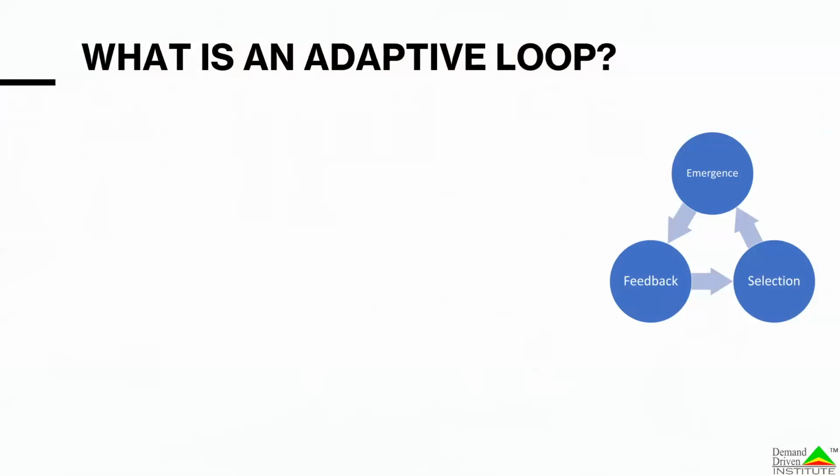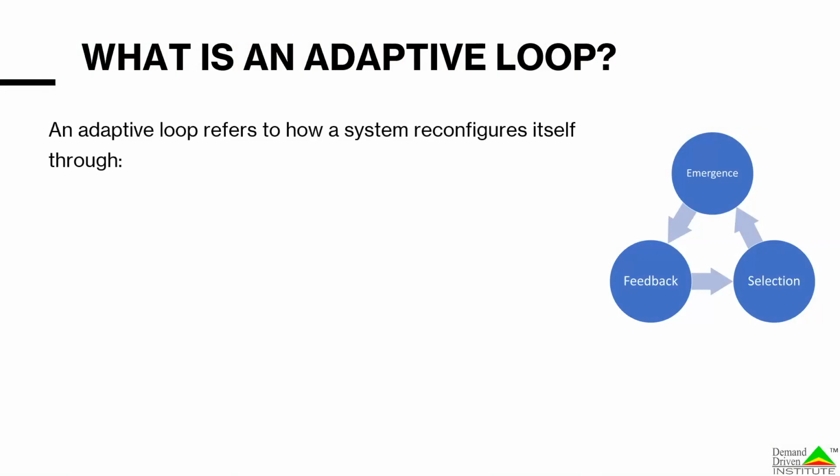So, an adaptive loop is a way the system reconfigures itself. Right? And there are 3 aspects to it. It's a circle, that's why it's called a loop. So where's the start of the circle? It's immaterial. Let's just define the 3 aspects of an adaptive loop.